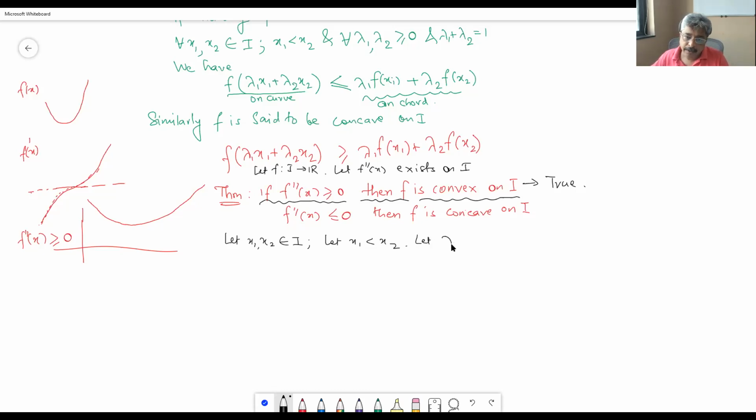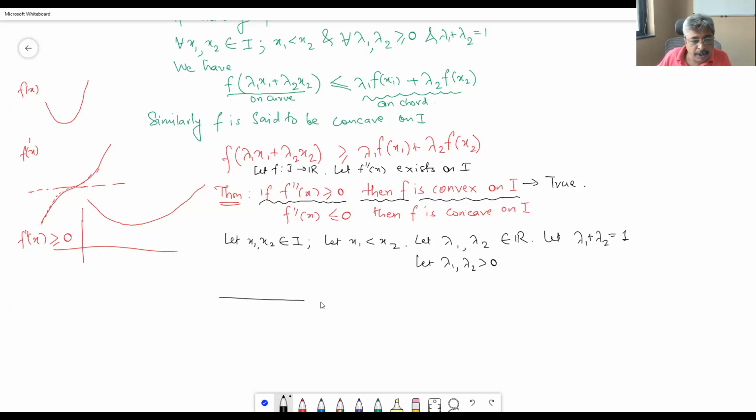Let lambda 1, lambda 2 belong to real numbers. Let lambda 1 plus lambda 2 be equal to 1. Let lambda 1, lambda 2 be greater than 0.